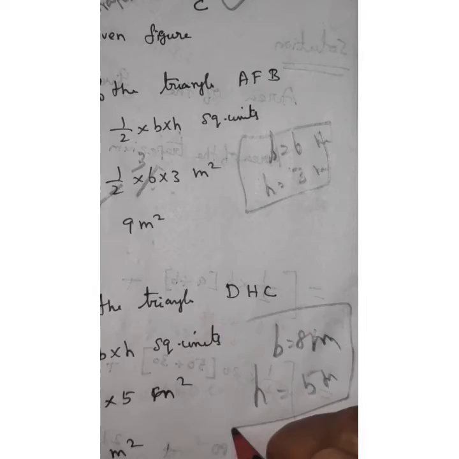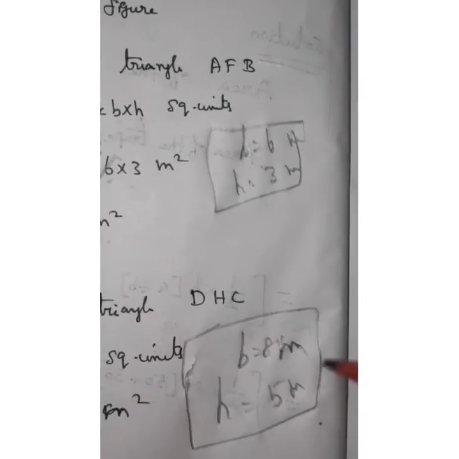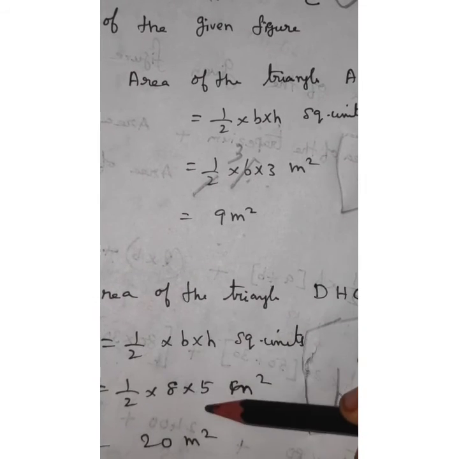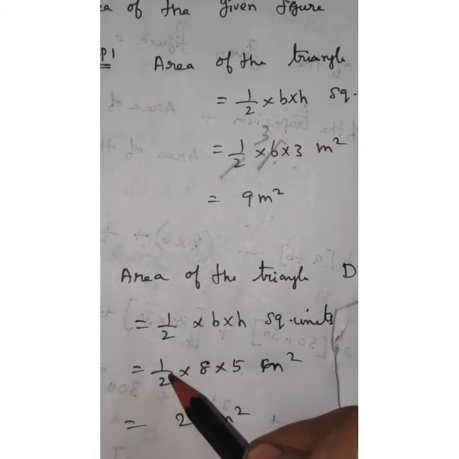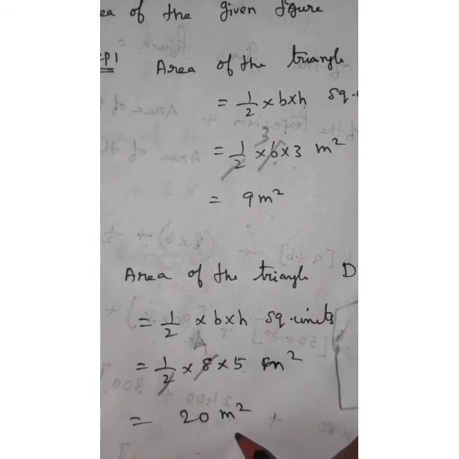Substitute these two values and write the answer. 1 2 is 2, 2 4s are 8, 4 5s are 20 meters squared.